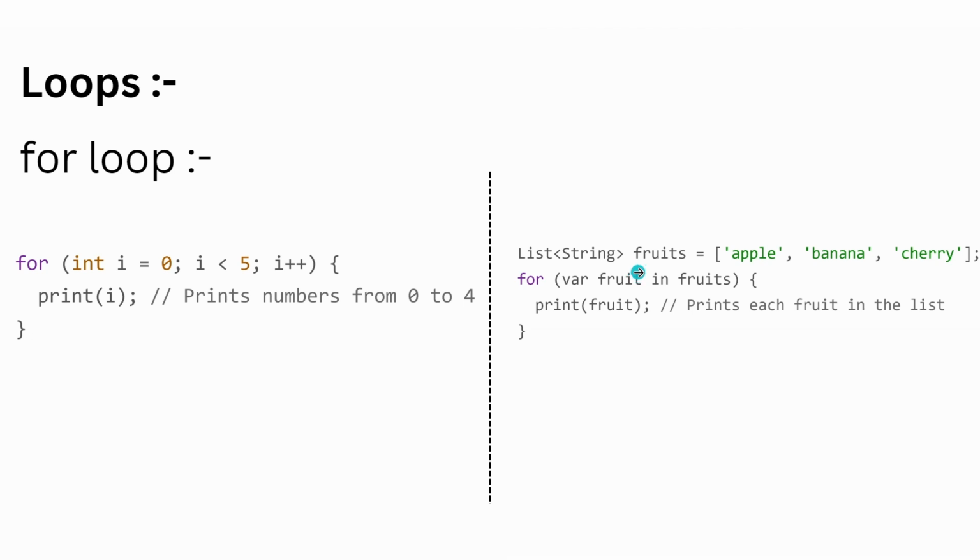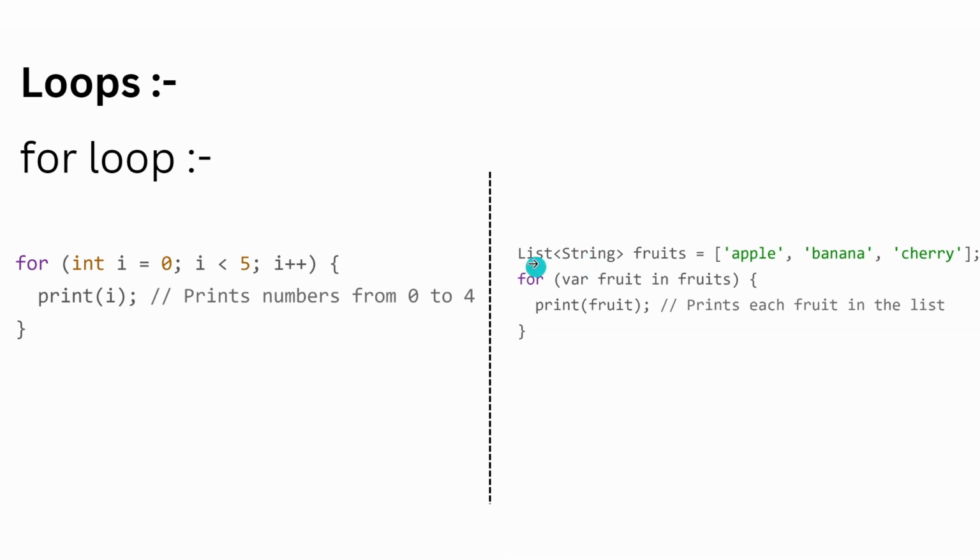The same thing appears for the list of strings, where we are storing multiple values inside the fruits variable. We had defined a list, and once we had defined the list, we need to define the data type, like which data type values are we going to store inside this variable.